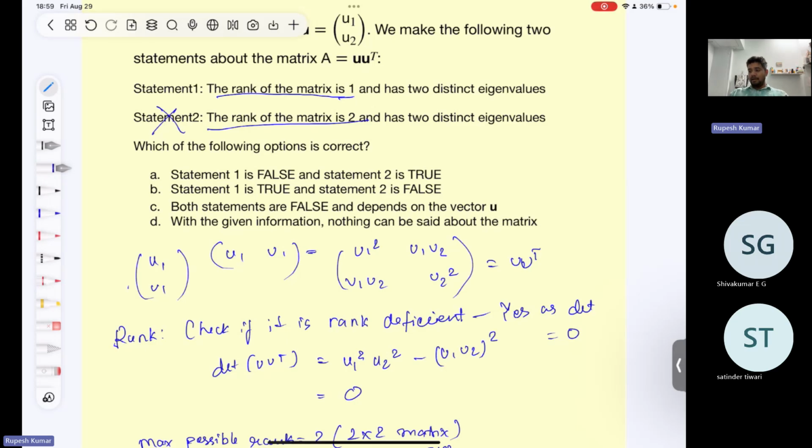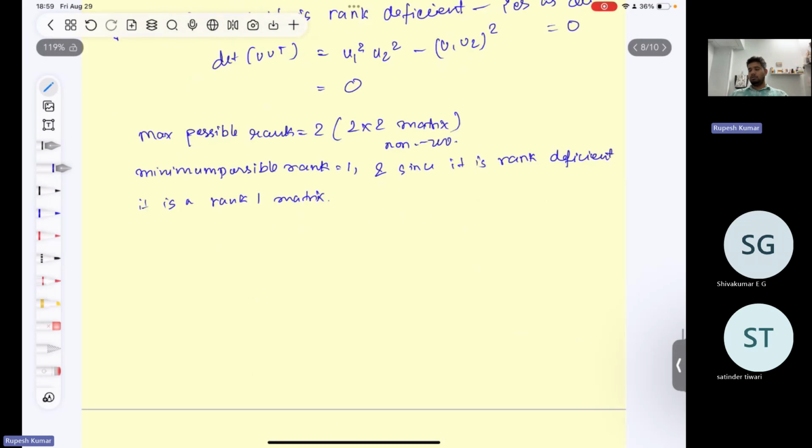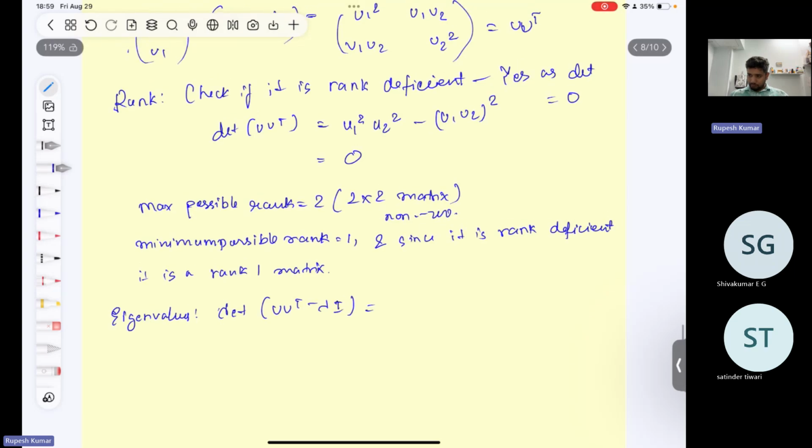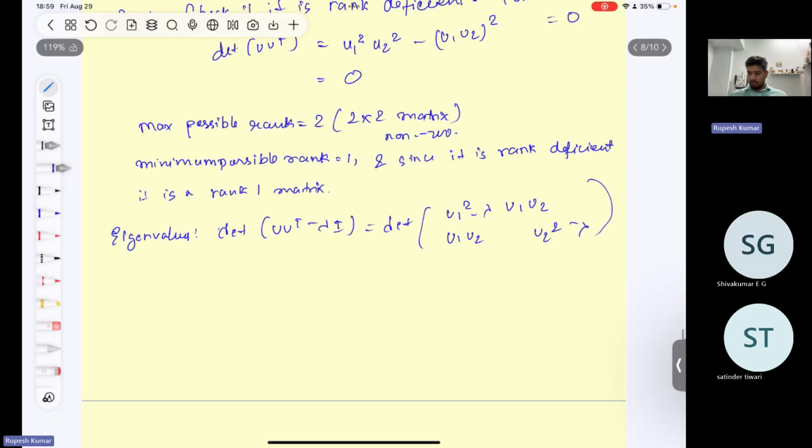Next option: the matrix has two distinct eigenvalues. Let's check the eigenvalues. What we need to find out is the determinant of u u transpose minus lambda I, which is the determinant of the matrix u1 squared, u1 u2, u1 u2, u2 squared minus lambda on the diagonal.